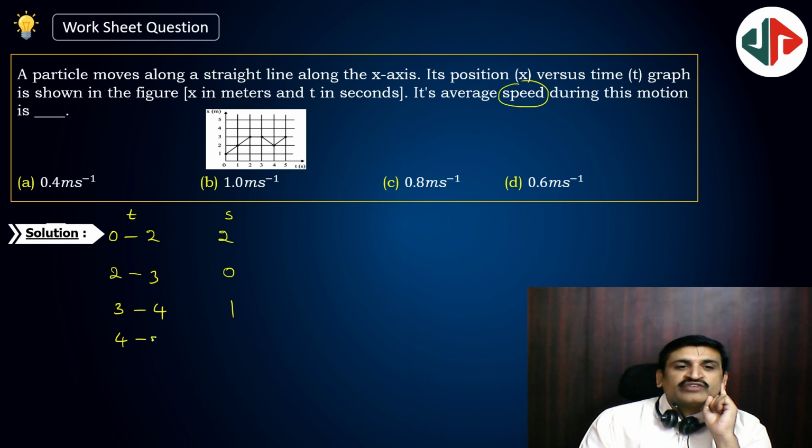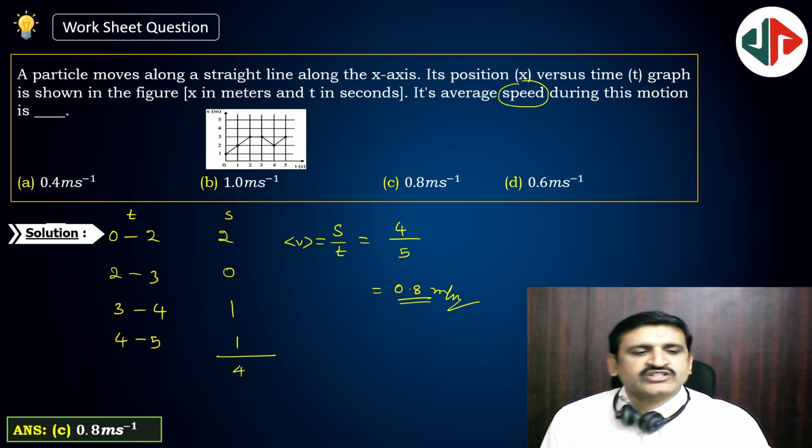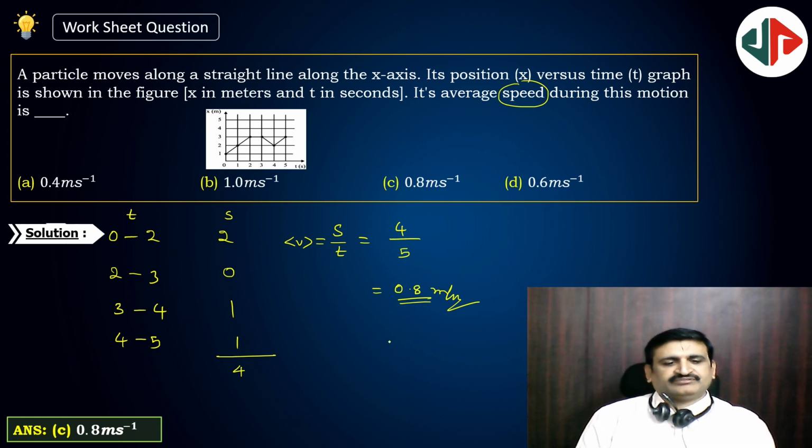And 4 to 5 seconds, again 1. So what is the distance? 2 plus 1 plus 1, 4. This is the total distance. So total distance by total time is average speed. So 4 by total time, how many seconds? 5 seconds of time. So 4 by 5 is 0.8. Yes, 0.8 meters per second. Next.